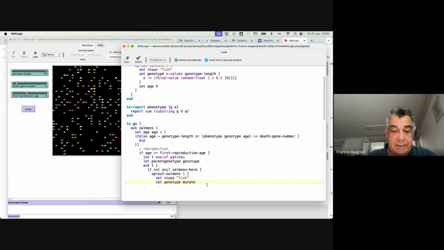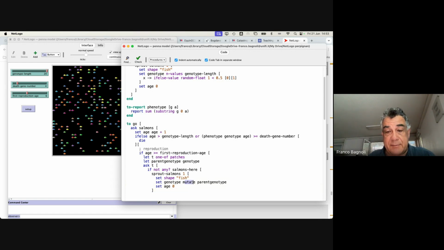Now mutate parent genotype. Set age 0. And I think that is enough.